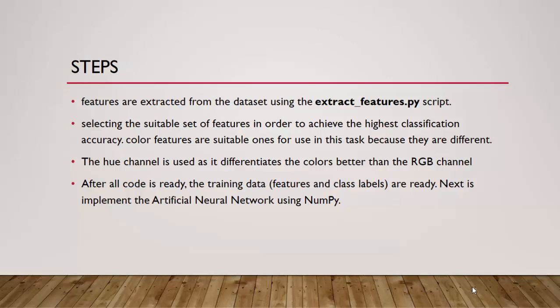The hue channel is used as it differentiates the colors better than the RGB channel. After all the code is ready, the training data, that is features and class labels, when they are ready, the next step is to implement the artificial neural network using NumPy. My colleague is going to take you through the code.